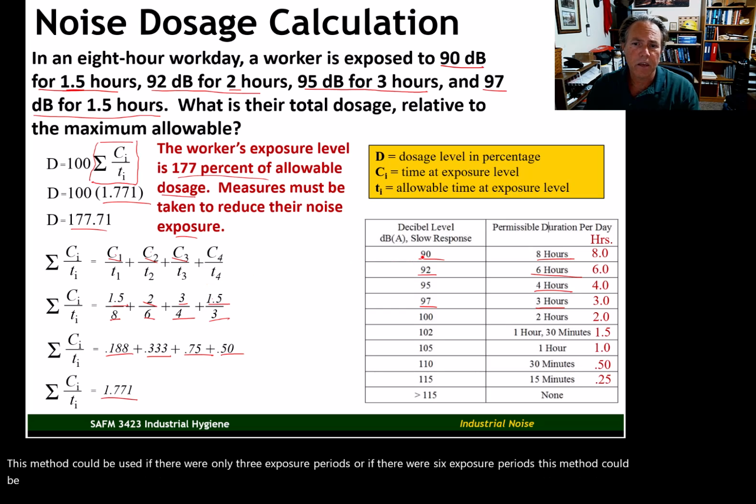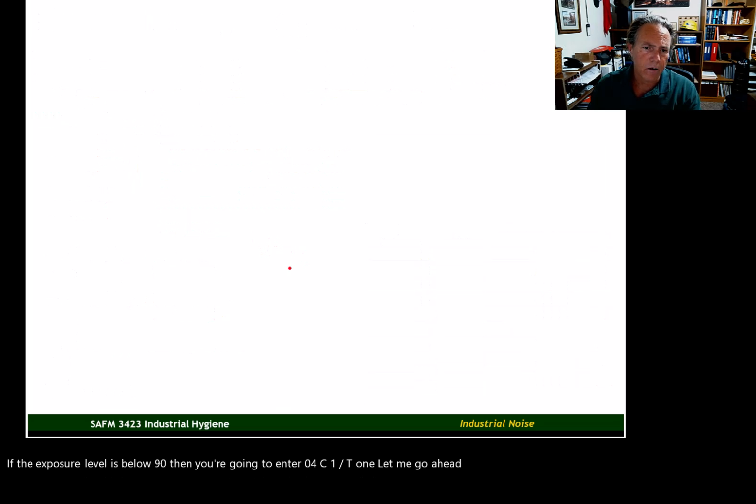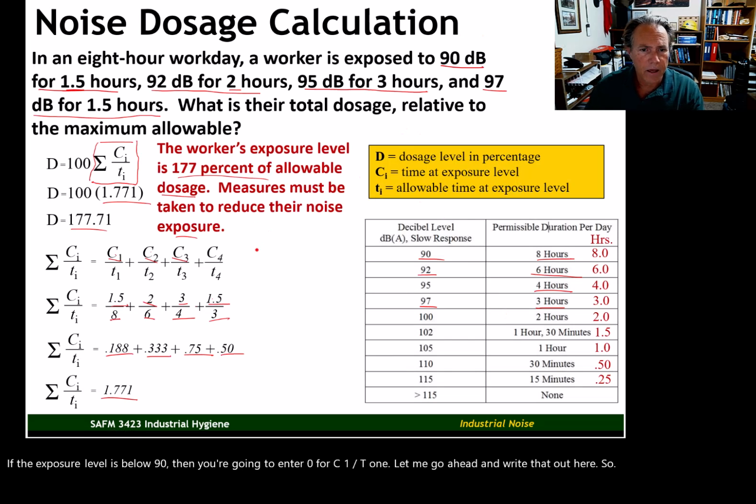Now, if the exposure level is below 90, then you're going to enter 0 for C1 divided by T1. Let me go ahead and write that out here, so you have that as a written record.